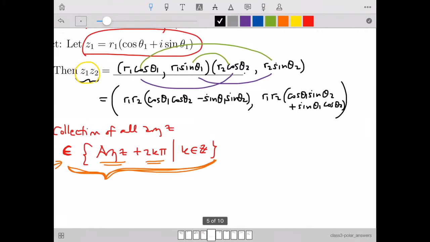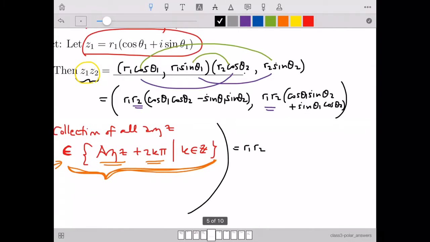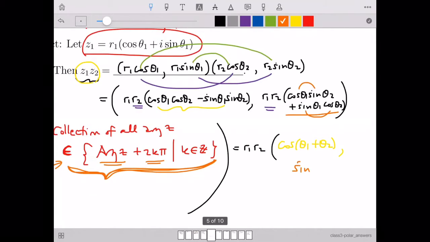Well, R1 and R2 are both real, so it can be pulled out. So that can be written as R1 R2 times parenthesis, and what is this? That's cosine of theta 1 plus theta 2, and what are these? Sine, cosine, cosine, sine. So it is sine of theta 1 plus theta 2.